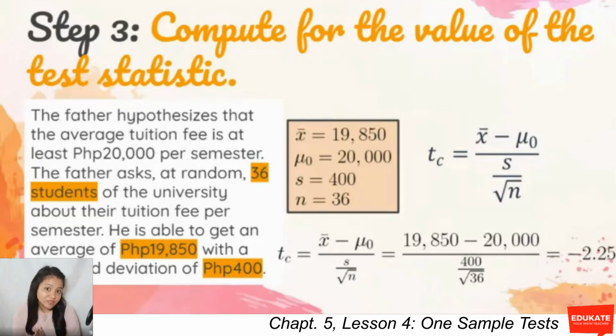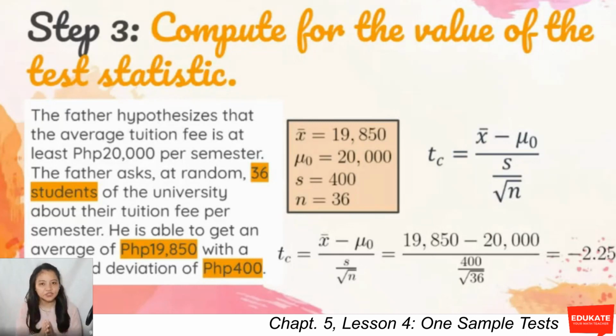And then your sample size, or your n, which is 36. So substituting the values of the variables to the corresponding formula below, we now have 19,850 sample mean minus 20,000 hypothesized mean all over the fraction 400, which is your sample standard deviation, divided by the square root of n, or the square root of your sample size, square root of 36.